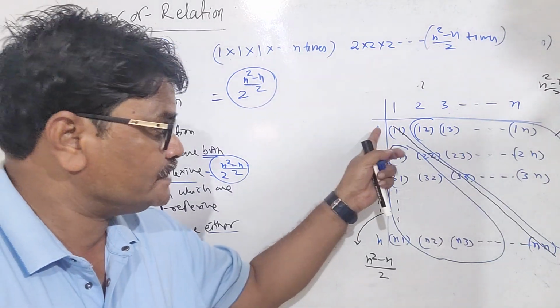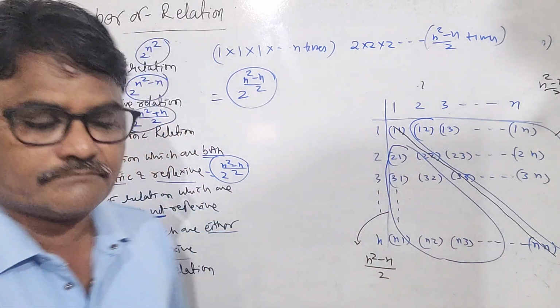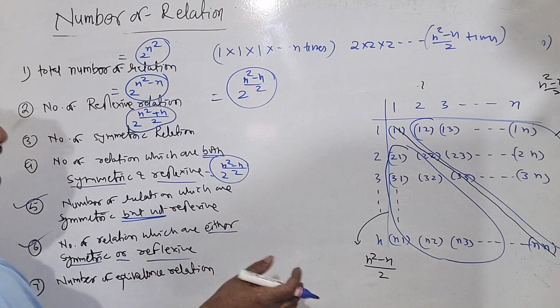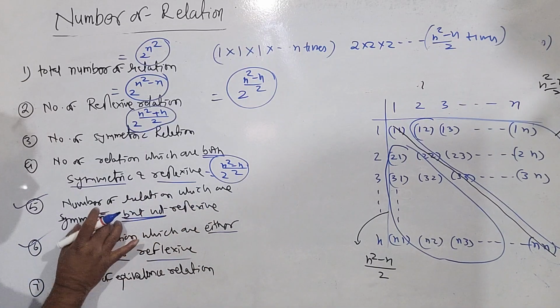Not reflexive means that (1,1), (2,2), (3,3) up to (n,n) should not all be there. If they are all present, then the relation is reflexive. We don't want the relation to be reflexive but symmetric only.